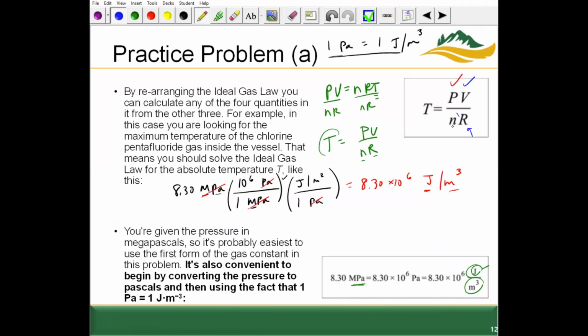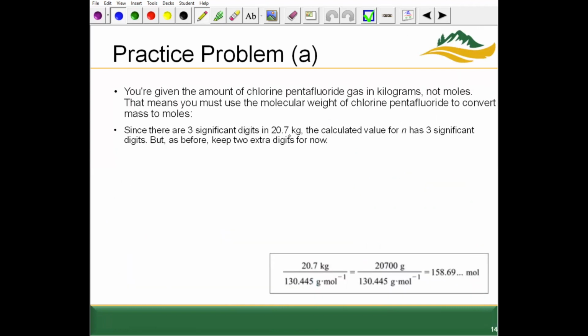Now what's left is to solve for the number of moles, and we were given the kilograms of that gas. So 20.7 kilograms, let's first convert this into grams. So for every 1,000 grams, that's in 1 kilogram. So that's moving this over 1, 2, 3, so 20700 grams of the gas.